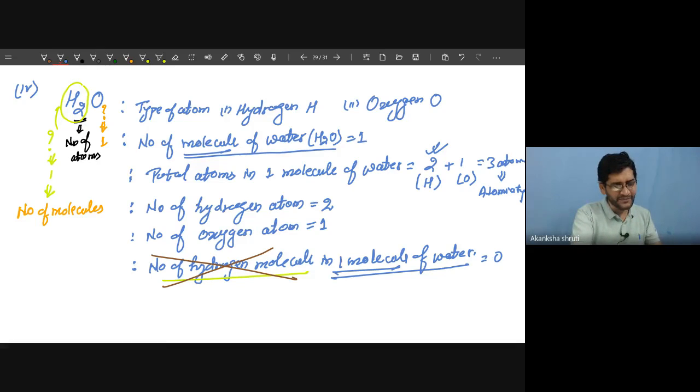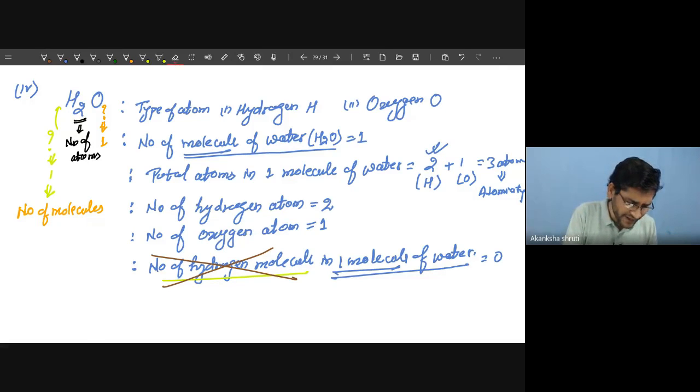Those 2 atoms of hydrogen are written as H2. So do not confuse that H2 is the hydrogen molecule. H2 is not a hydrogen molecule. It is a wrong concept. It is simply representing one molecule of water.